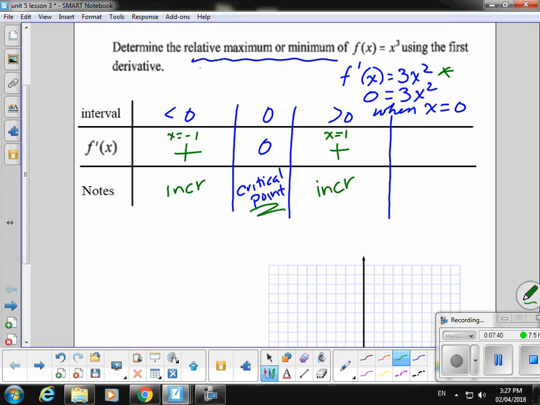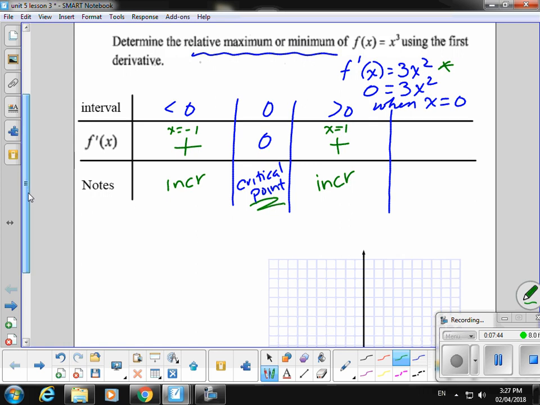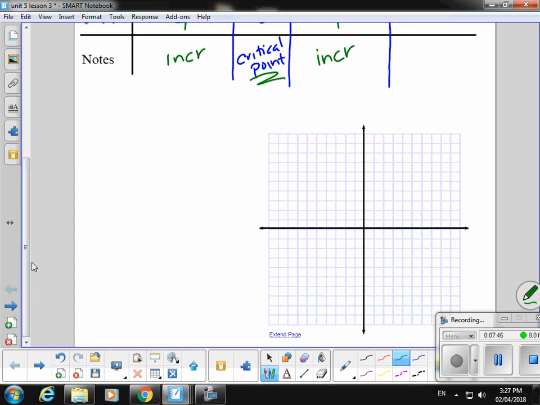So it is not a relative maximum or minimum. So we've got this interesting point. And we know things are going on, but we're going to be increasing as we go to the right and left. We know this cubic, we know it has this shape. And so we know that's a critical point, but not a max or min.